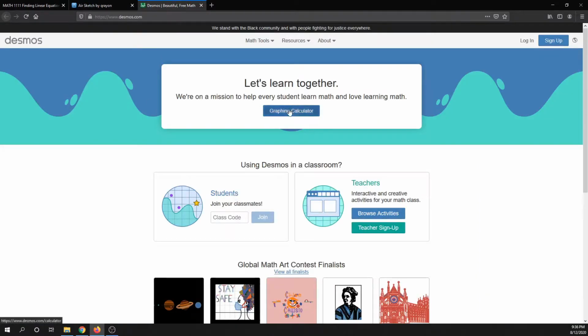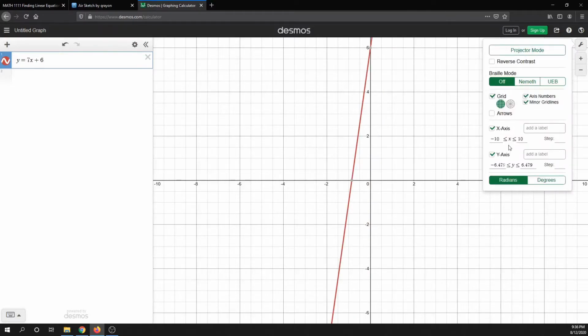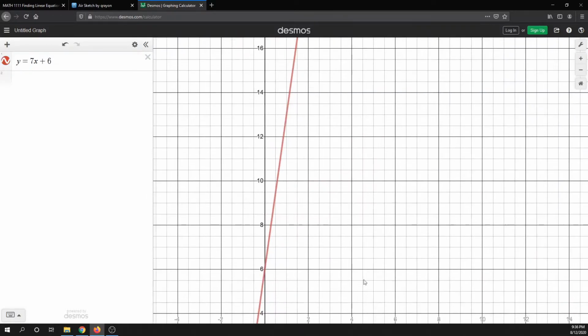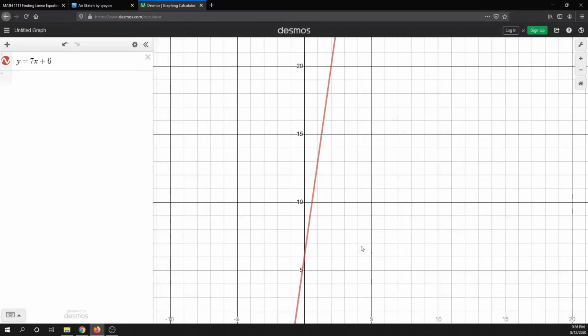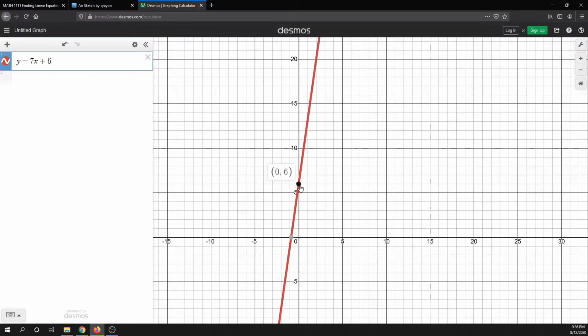And if you went over here and graphed it, you can see that the line would look like this. So there's the graph of the line. You can see the y-intercept here at (0, 6). And if you look at the slope, the slope is 7.